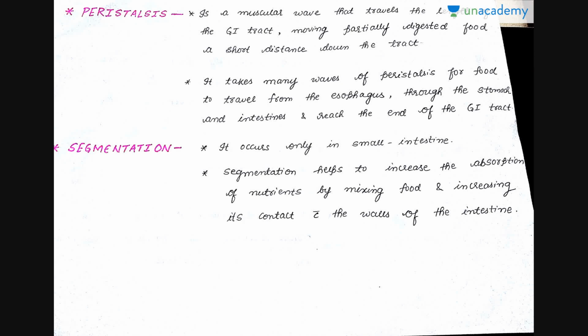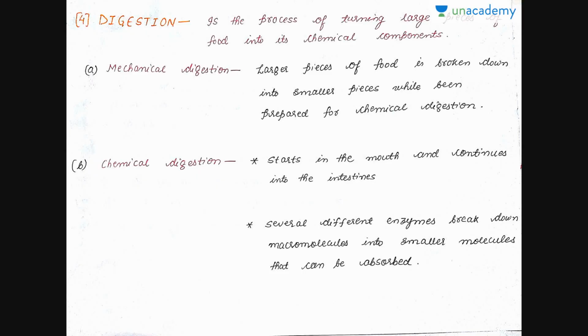Now moving forward to the next one, that is the process of digestion itself. The process of digestion is the process of turning large pieces of food into their chemical components. There are two types of digestion which take place in our body. First is the mechanical digestion and the second one is the chemical digestion.